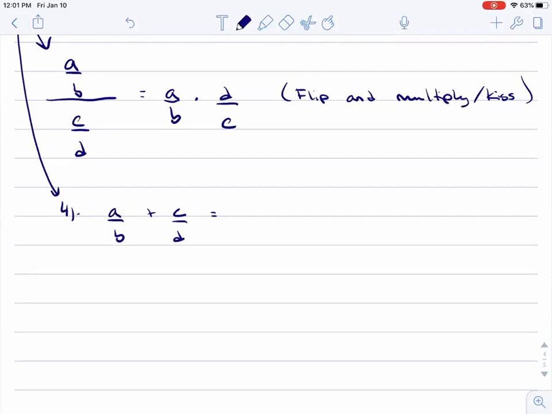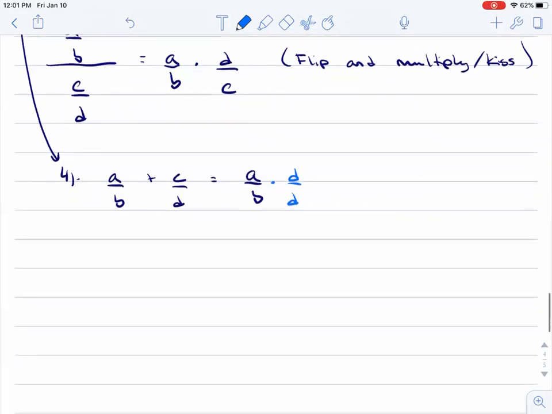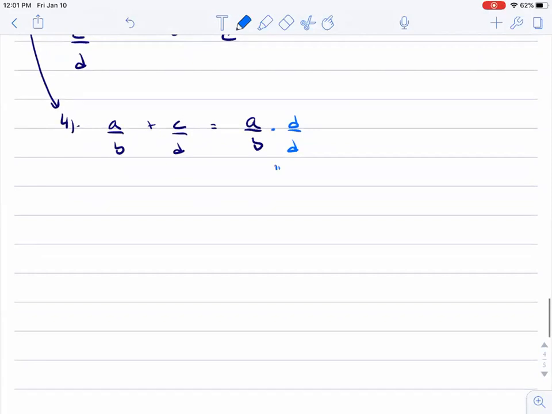Right, so here, what I'm going to do is I'm going to multiply A over B by D over D. Because this is just 1. Right? It is just 1. D over D is 1. So I'm multiplying by 1. So I'm not actually changing anything. Right? And that's the key.